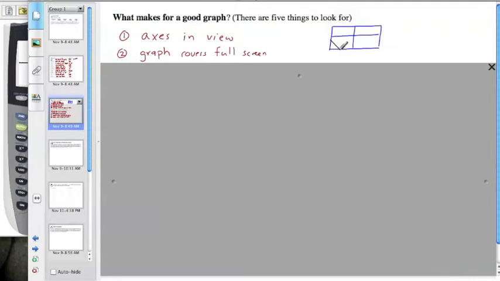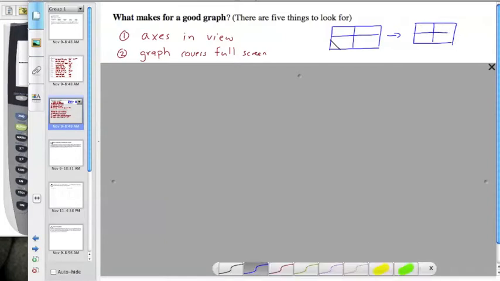I'd like it to cover the full screen. So I'd like to be able to change it, and we'll get into how we do that, so that it kind of looks something like this. That's better. It's covering the full screen.